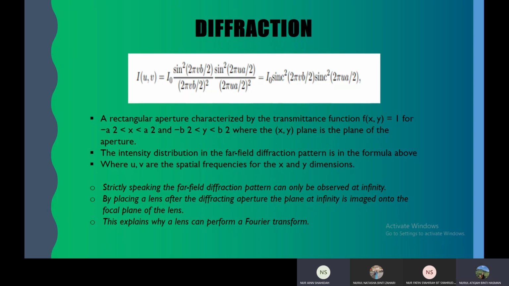The intensity distribution in the far field diffraction pattern is in the formula above, where u, v are the spatial frequencies for the x and y dimensions. Strictly speaking, the far field diffraction pattern can only be observed at infinity, or by placing a lens after the diffracting aperture. The plane at infinity is imaged onto the focal plane of the lens. This explains why a lens can perform a Fourier transform.